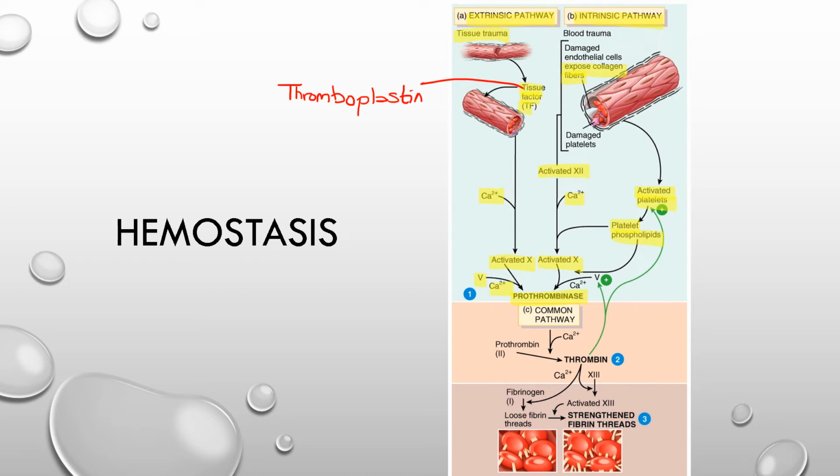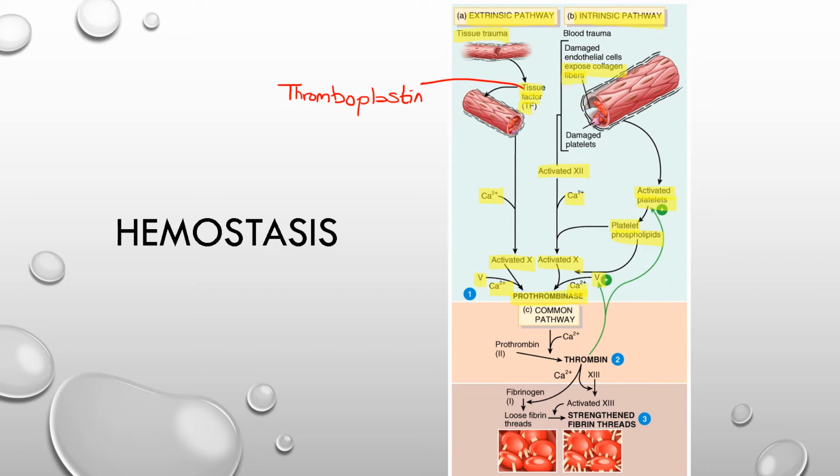Now, once clotting factor 10 is activated, it combines with clotting factor 5 as well as calcium to activate the enzyme prothrombinase. This is the same way it happens in the extrinsic pathway.